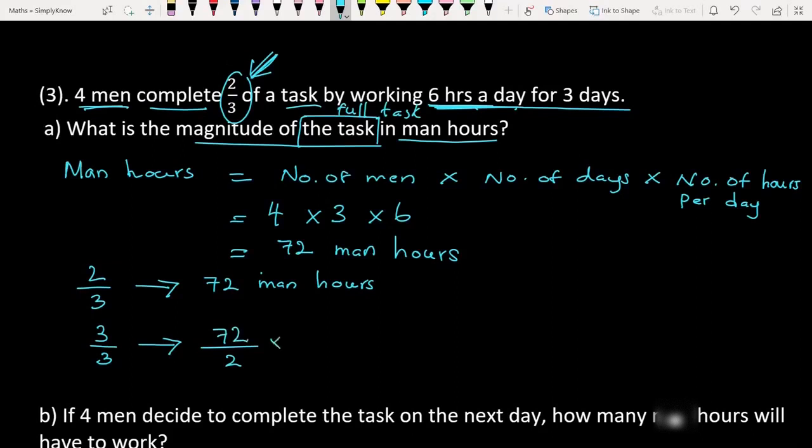Then how much for 3 parts? It will be, when you simplify this, 108 man hours. Therefore, 108 man hours will be taken to complete the full task. That means the magnitude of the full task in man hours is 108 man hours.